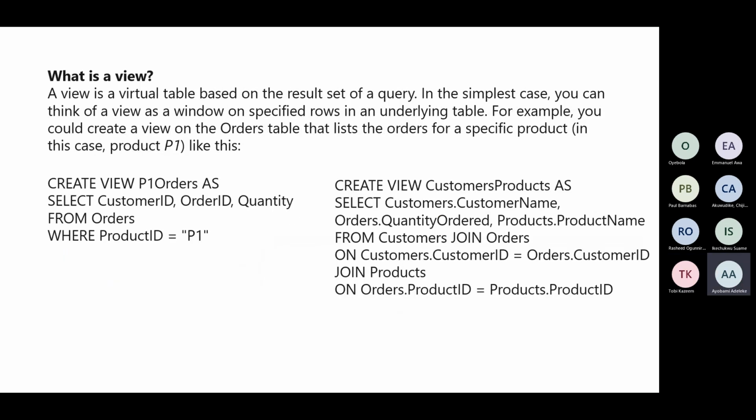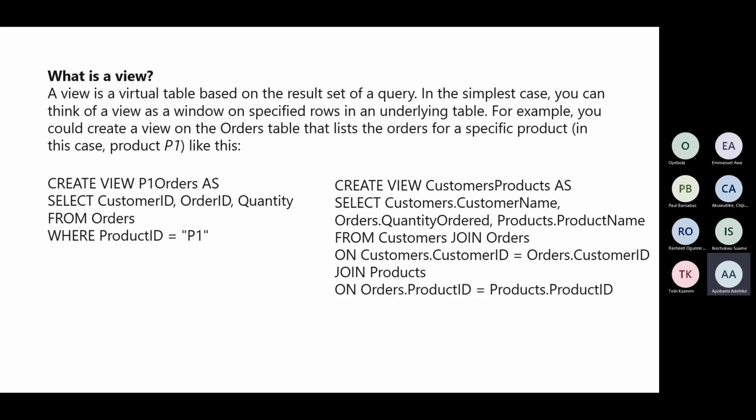Now looking at a view, which is the third component we'll be looking at. A view is a virtual table that is based on the result set of an SQL query. In the simplest case, you can think of a view as a window on specified rows in an underlying table or tables. For example, you could create a view on the orders table that would list orders for a specific product.